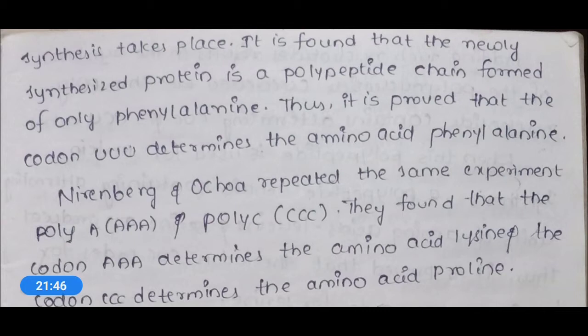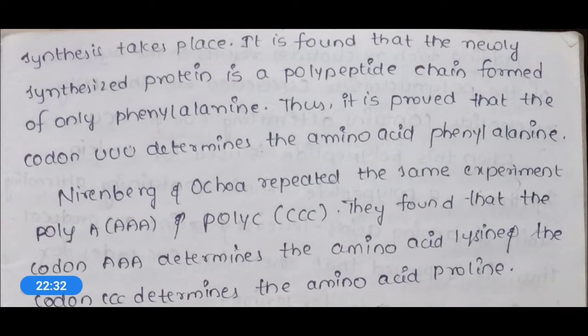If the mRNA contains around 10 to 12 uracil bases, nitrogen bases, then what will happen? How many triplet codons will be present? Take 12 uracils as an mRNA. This mRNA contains 12 nitrogen bases of uracil, and finally how many triplet codons will be produced?